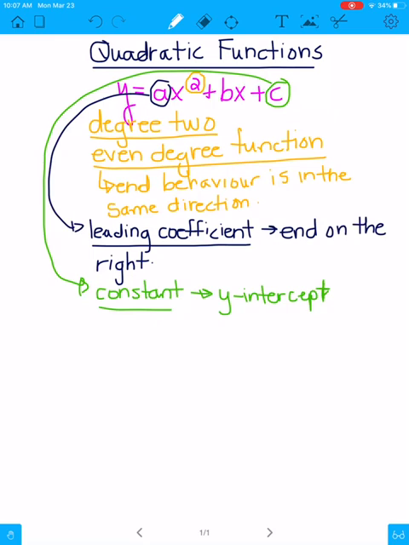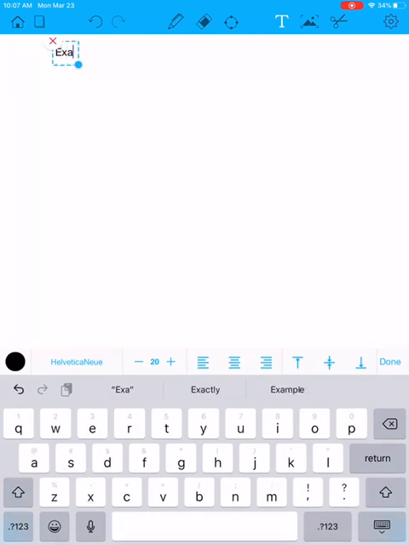Now we're going to look at an example. The example is y equals x squared minus 4x minus 5. Now some may ask, what's my leading coefficient here?